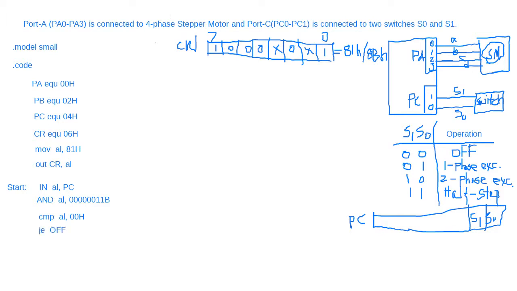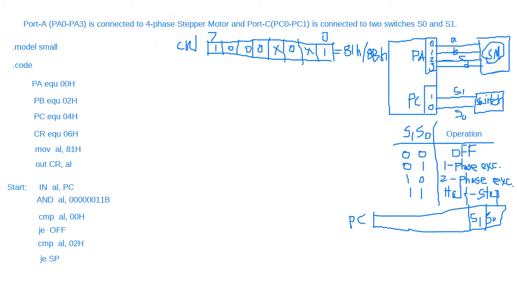If it is not, then compare AL comma 02H. Now if S1 and S0 are 0 1, and others are 0 0, it means 02H. If it is 02H, jump equal, go to single phase excited mode.